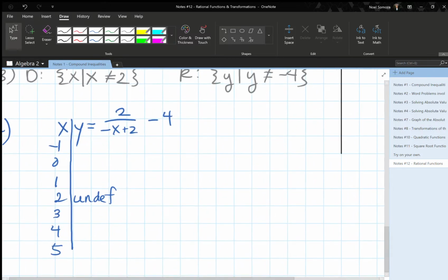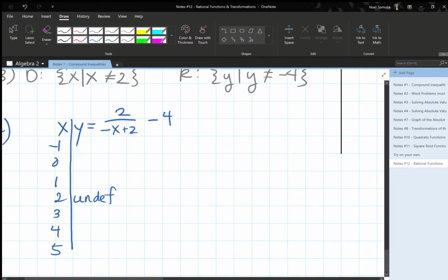So let's get in here and do some work. I take 2 all over. Notice how there's already a negative there in front of x. So there's a negative in front, and then whatever I plug in for x, in this case negative 1, goes in for x. So I need to put parentheses there, negative 1, and then plus 2, then minus 4.